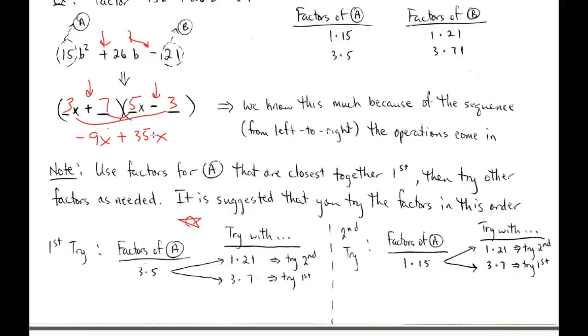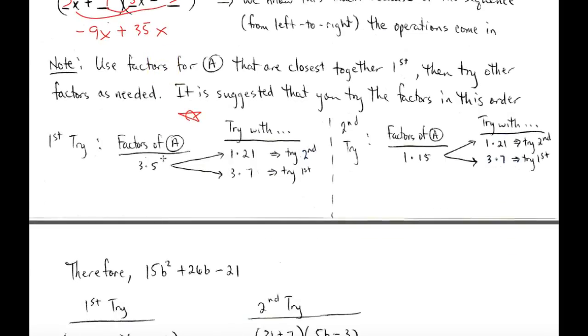And if we look at that, negative 9 plus 35 gives us a positive 26. So that actually ends up working for us, okay? Now, imagine if I would have tried the 1 and the 21 first. Of course, that wouldn't have worked, okay? But again, part of this is having a feel for the numbers, and part of it is being lucky. So it seems like it worked out for me there.